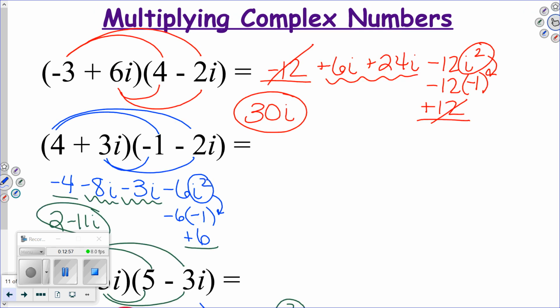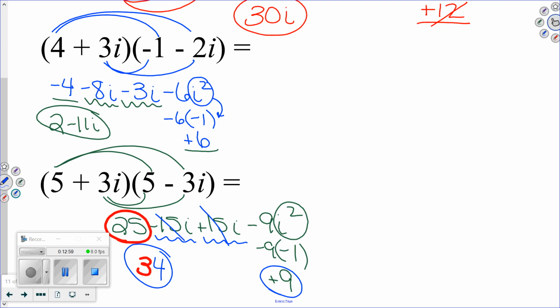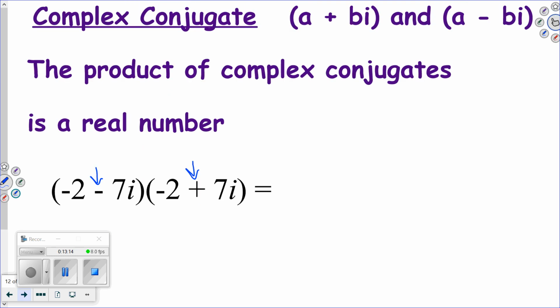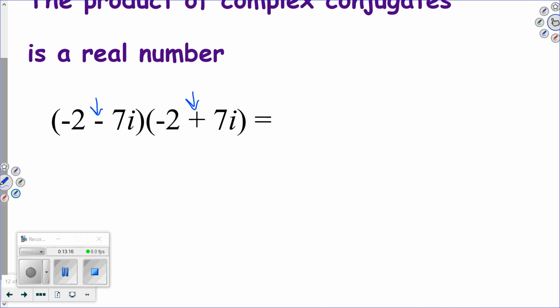The one we just did, its answer was just a real number. Whereas this answer, is that real? See the i? What's an i? Imaginary. This is not real. This is imaginary. This is real. So if I multiply these complex conjugates together, I should get a real number.